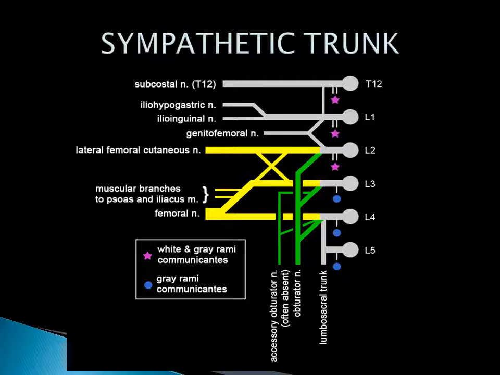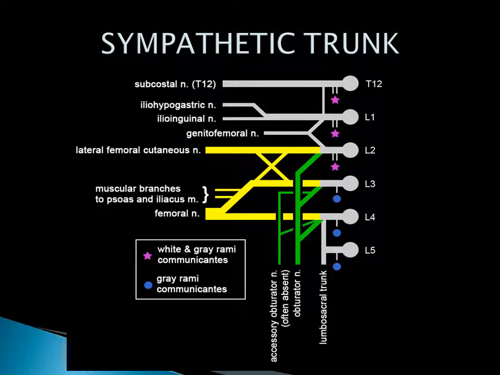For example, sweat glands in the feet, or sweat glands in and around the perineum. And these sympathetic fibers travel in all of the spinal nerve roots and then continue all the way out into all of the named peripheral nerves of the lower extremity.